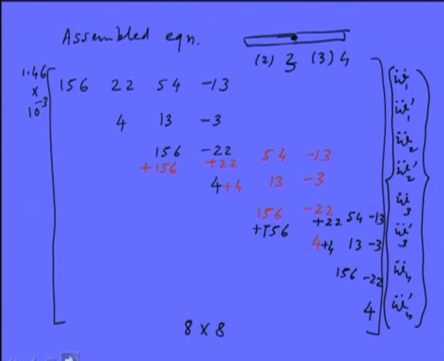Similar assembly we will do for the stiffness matrix. Now I am showing the stiffness matrix. These are the entries from the first element.